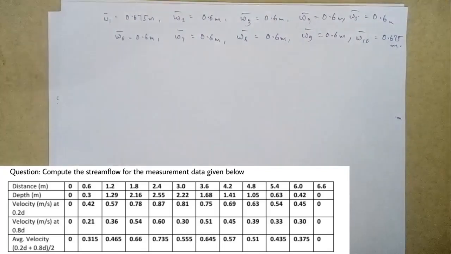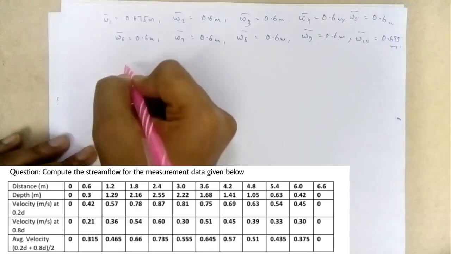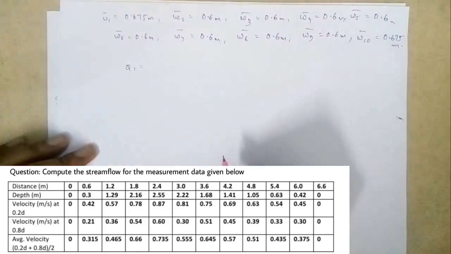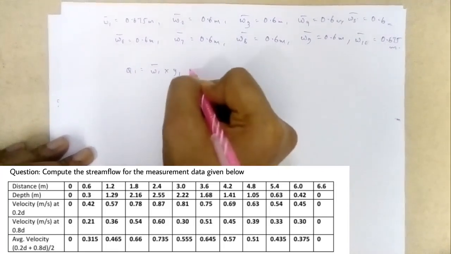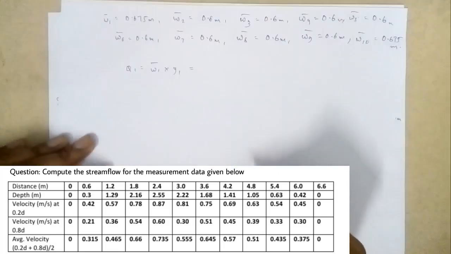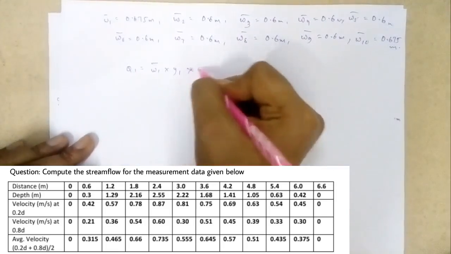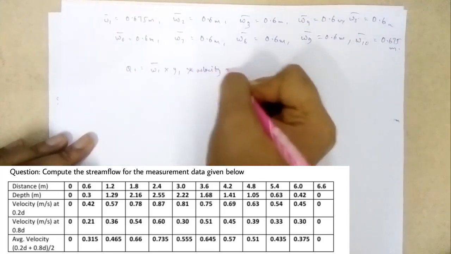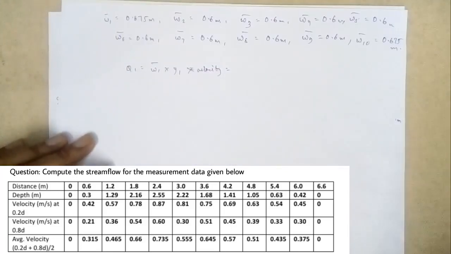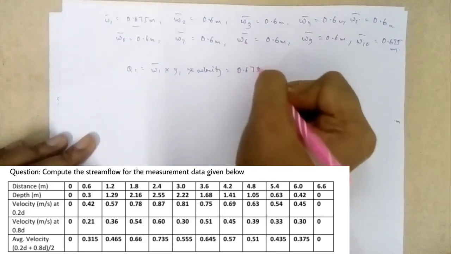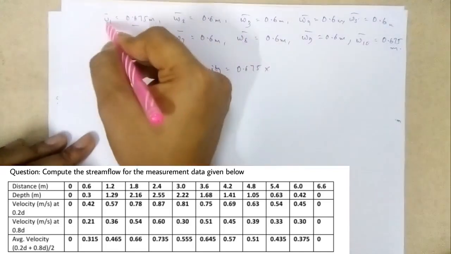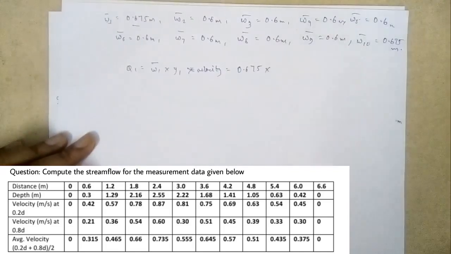Now the discharge will be given, suppose for the first one, by Q1, which is equal to W1 bar multiplied by Y1 multiplied also by the velocity. Sorry, this is W1 bar multiplied by Y1 multiplied by the velocity.